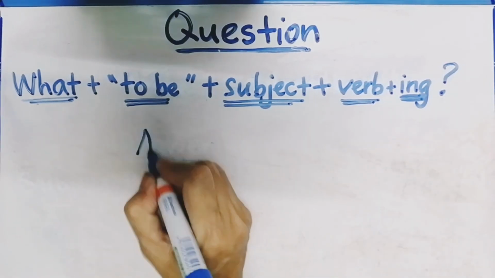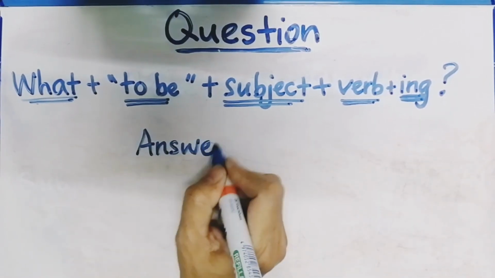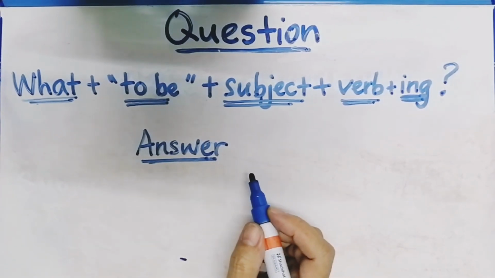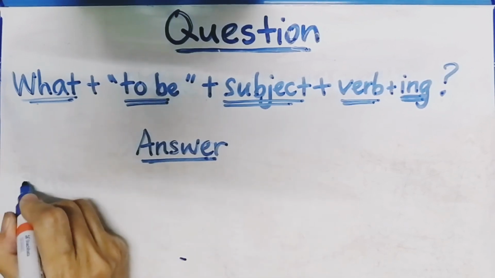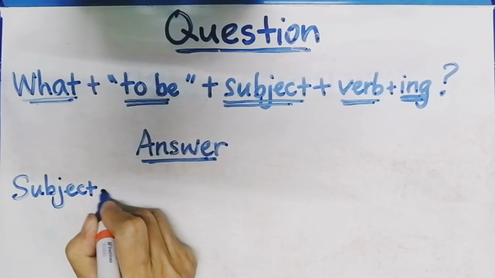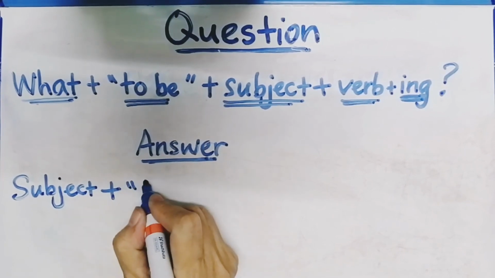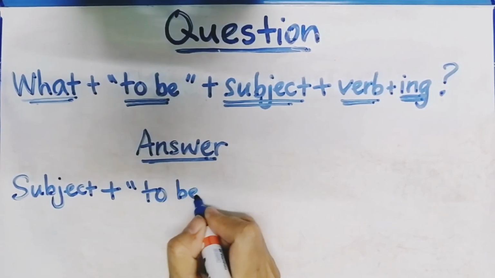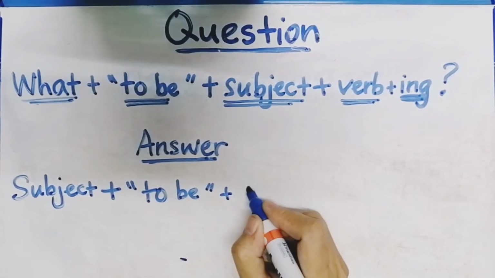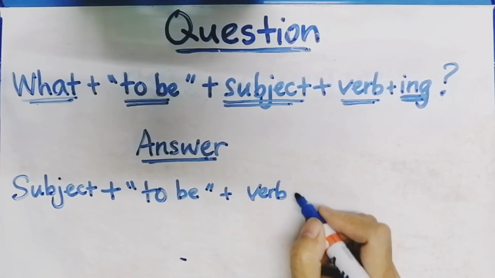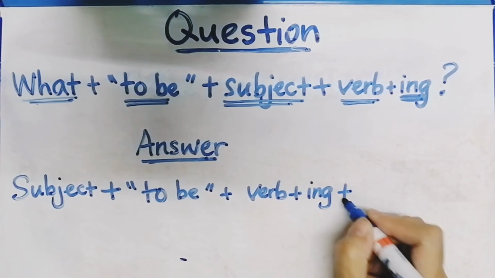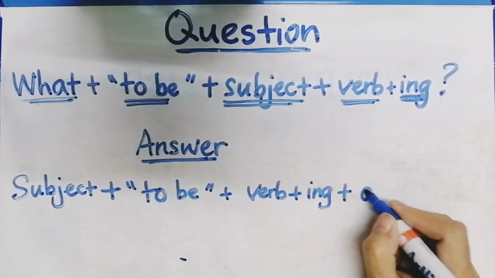And now the answer. To answer the question, begin your answer with the correct subject. Then the verb to be, followed by verb with ing, and sometimes you have to add in the object.